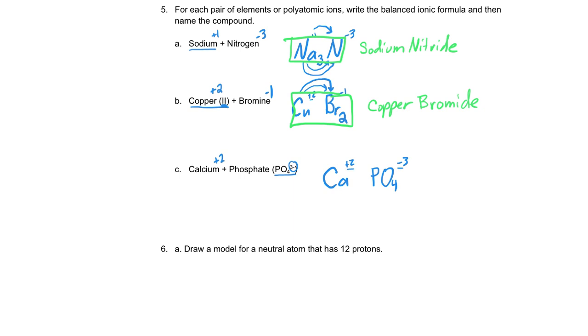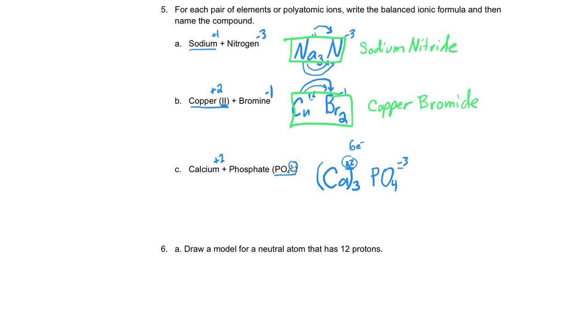And so what you should get, hopefully, is 6. So what that means, because calcium is ready to give away 2 electrons, is that calcium is going to need to have 3 of them. So 3 calciums will give away, 3 times 2, 6 electrons.